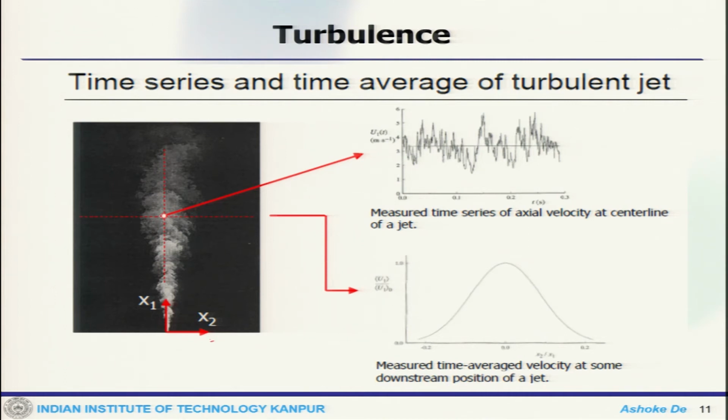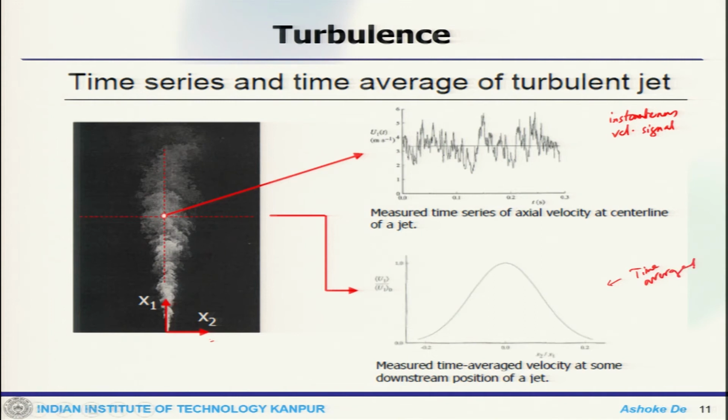At any particular point, this is an instantaneous velocity signal, and you can see how it is behaving. There is a huge chaotic variation, and this is at the same location when you get the time averaged velocity.